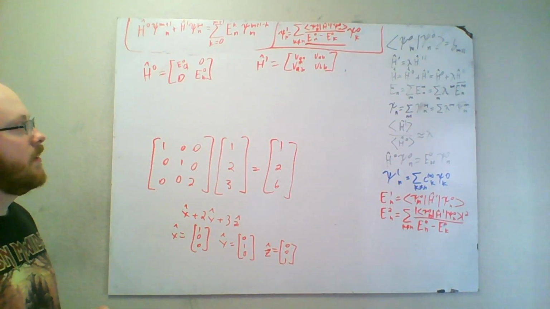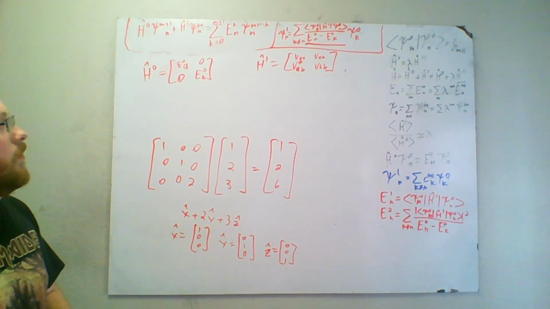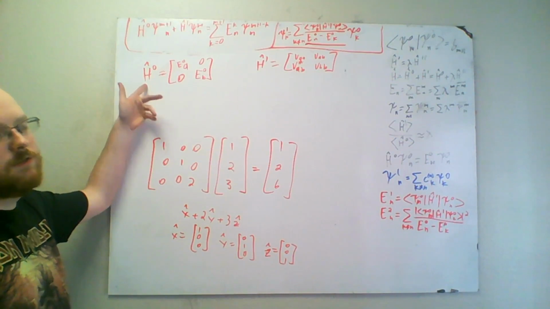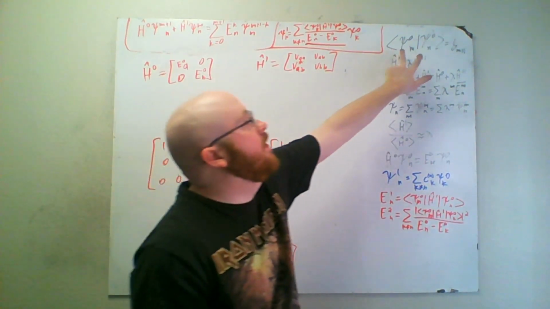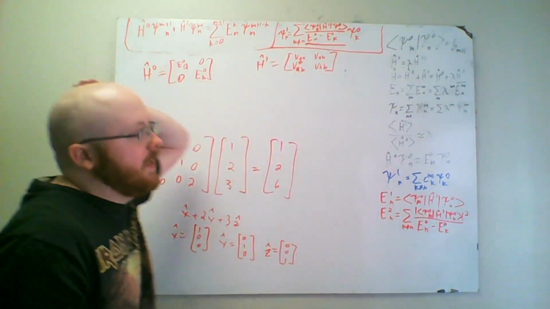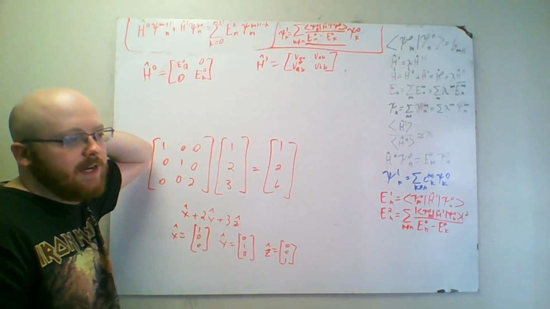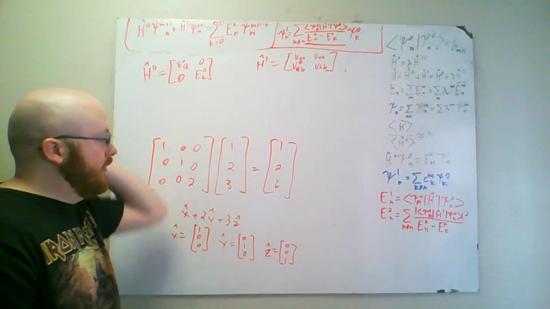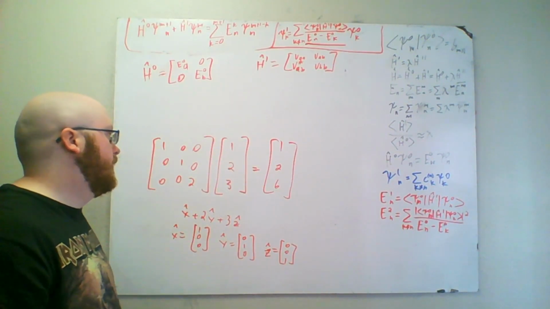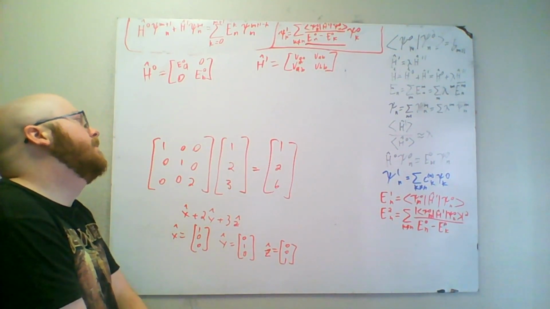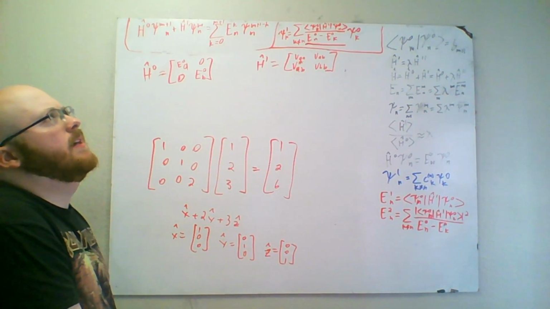Now, normally you apply the Hamiltonian to a wave function, and each wave function has different states, like these guys. You may have heard the term eigenvalue, eigenfunction thrown around. In this case, what would the eigenvectors be?